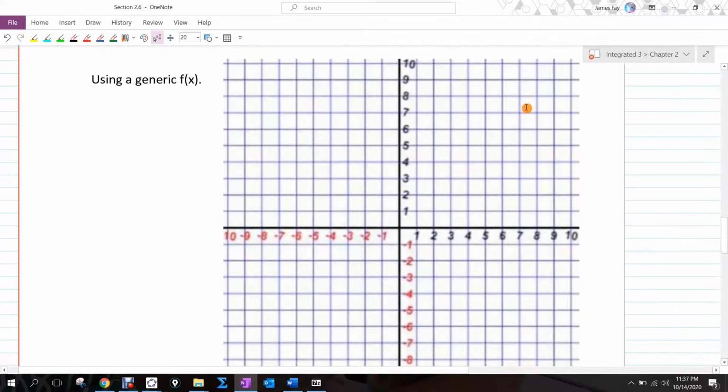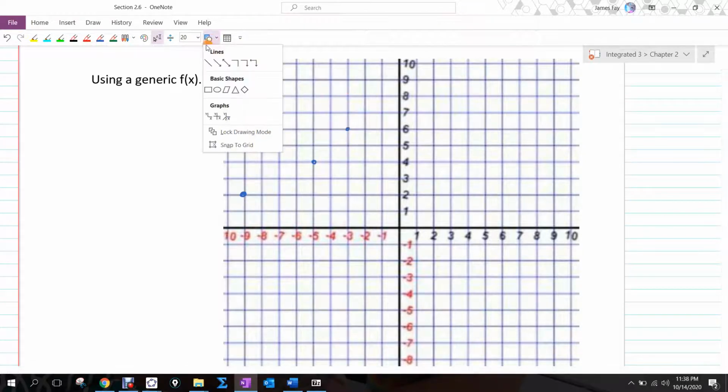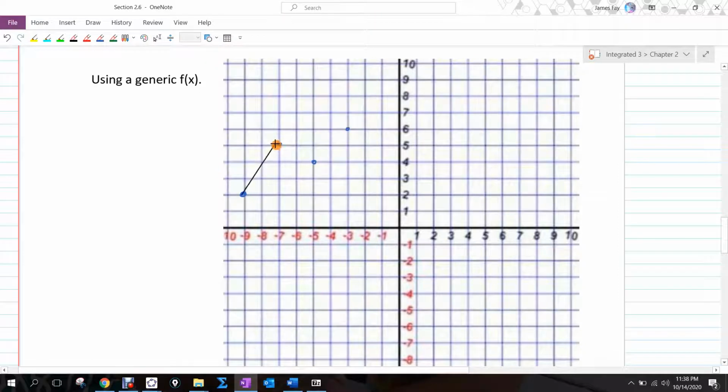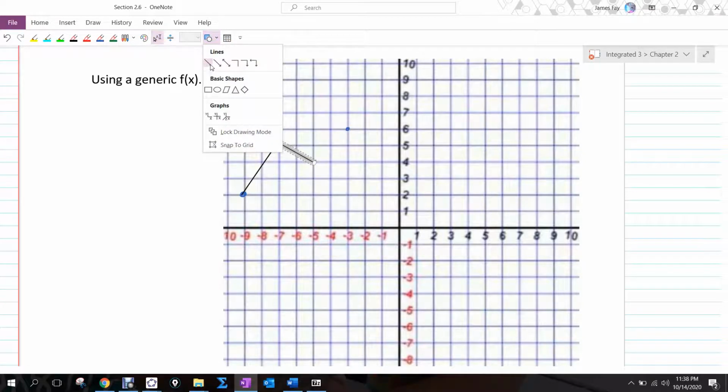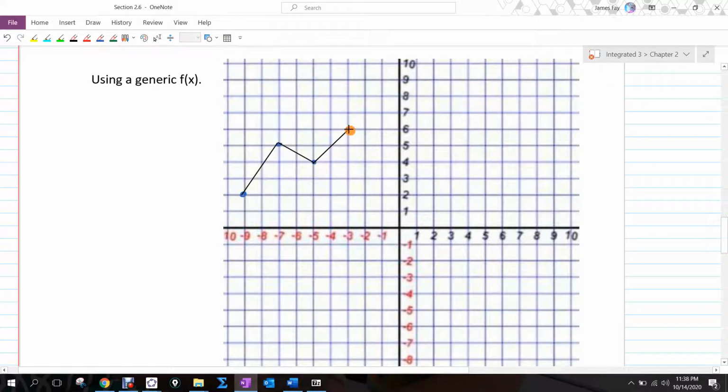Now, you're going to see from time to time what we call a generic f of x, a generic function. They'll draw something that looks maybe like this, and all they're looking for here is that it's a function. It doesn't have to be anything fancy other than that, if you remember functions, it has to pass the vertical line test. So I've got something that looks like this.